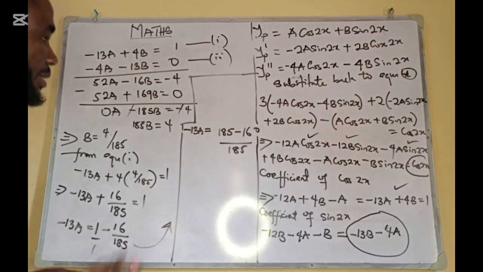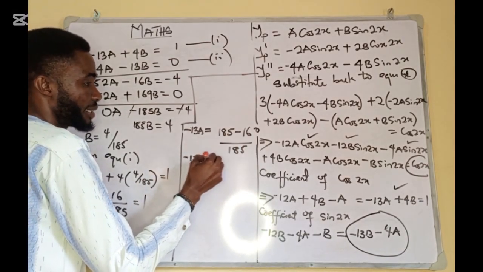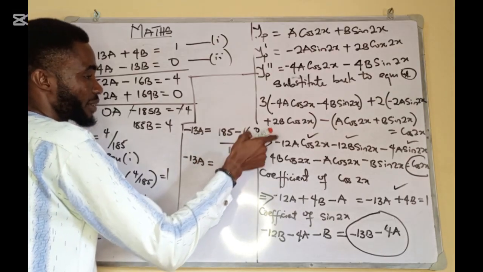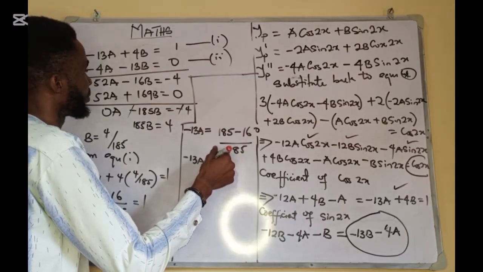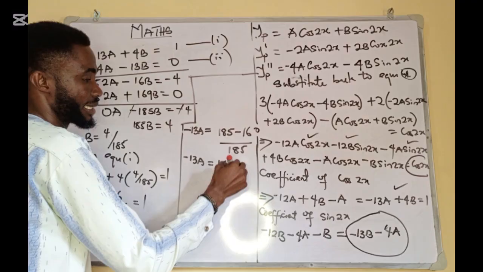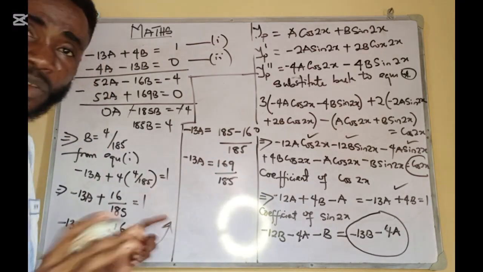Guys, am I making sense? Good. So now I have minus 13a is equal to 185 minus 16. That should be around 169 divided by 185. Are we following, guys?